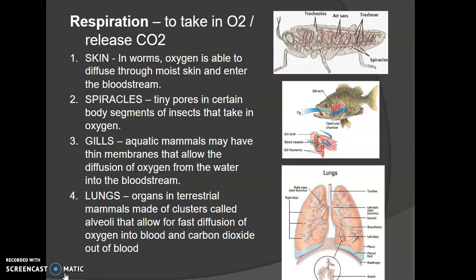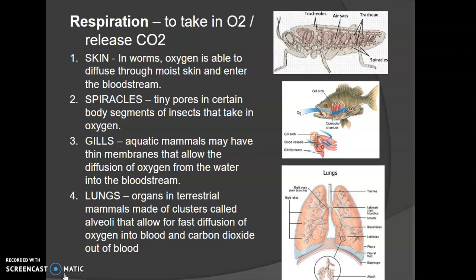Next, we have respiration. Respiration involves taking in oxygen and releasing carbon dioxide for the purpose of producing ATP. So different animals have different ways of respiring. Simple animals like worms may be able to respire through their skin. Their skin is moist, and so oxygen can diffuse through the moist skin and enter the bloodstream directly.